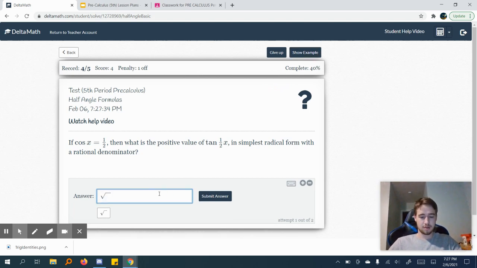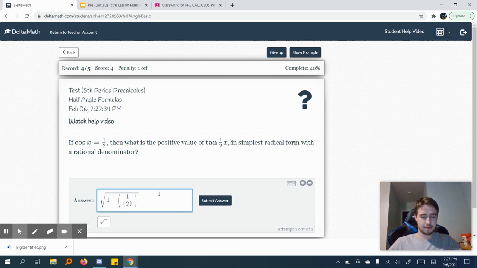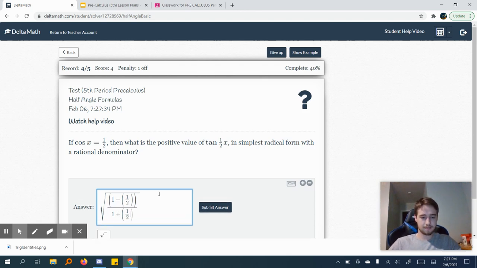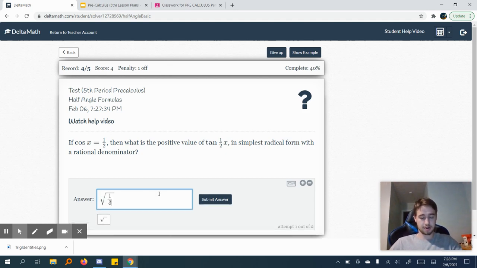So it's the square root of 1 minus 1/2 divided by 1 plus 1/2 equals square root of 1/2 over 3/2. Which, if we finally do one last step of reducing it, we'll cancel the 2's to get square root of 1/3, which is just going to be root 3 over 3.